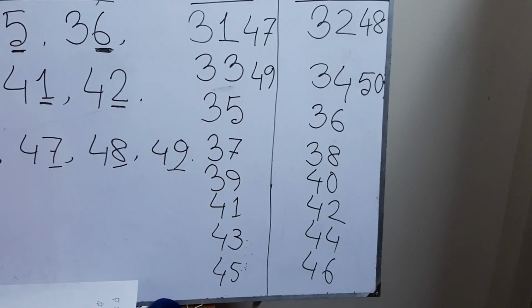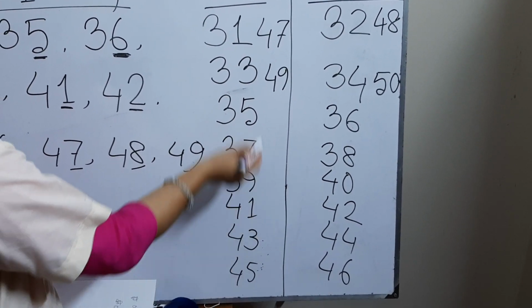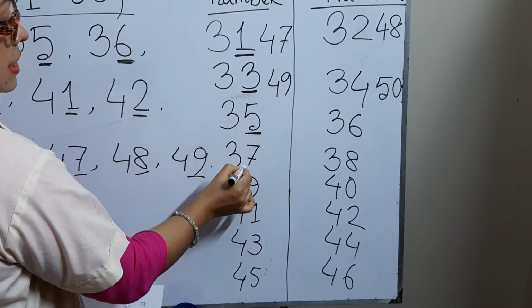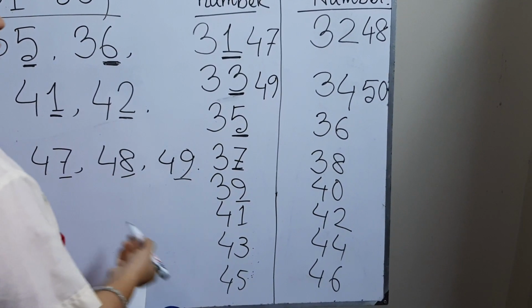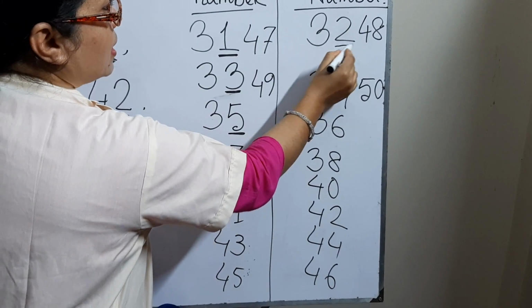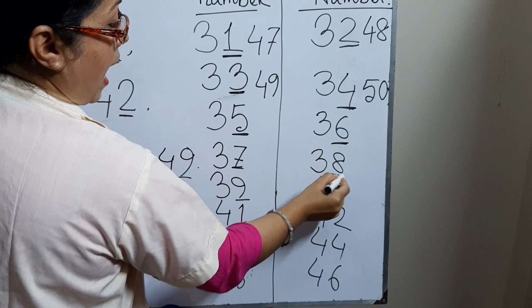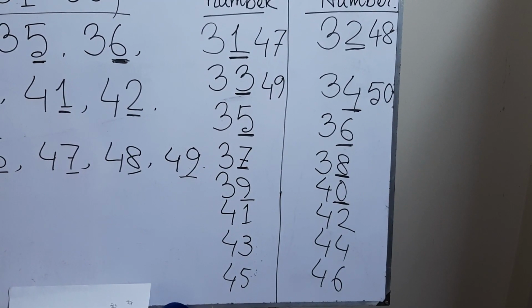Look, dear students, each and every odd number has its last digit as 1, 3, 5, 7 or 9, and all even numbers have the last digit 2, 4, 6, 8 or 0.